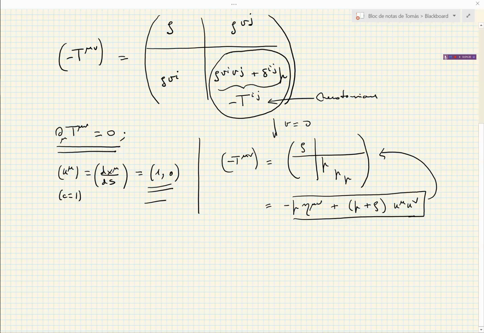Let me put it here in a box, because it is an important result that extends its validity to more general cases, probably with the replacement of the special relativistic metric by a more general metric, as you can expect.